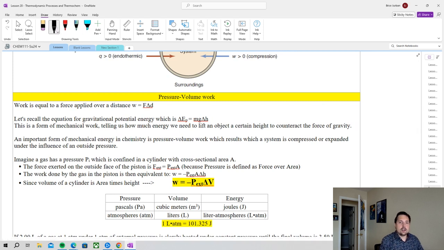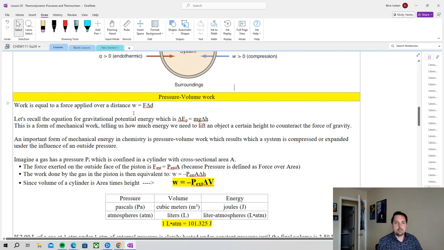All right, so I said that we'd start with pressure volume work, and then we'll move into talking more about heat changes. The idea here is that work is always going to be equal to a force applied over a distance. So we can define that the work is equal to force times a change in the distance.